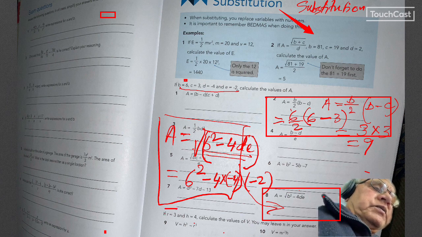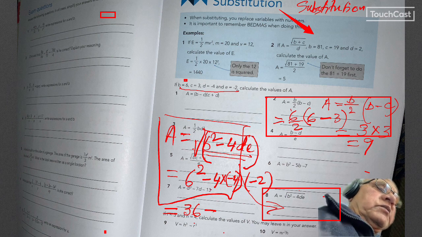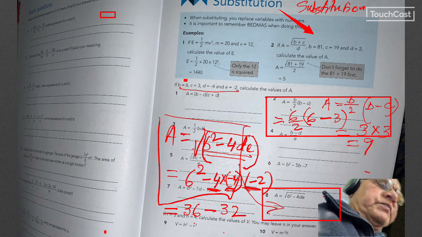Right, so 6 squared is 36. Remember, you are not using a calculator now. And now I'm going to times -4 with -4. That'll give you positive 16. And then positive 16 times by -2. That'll give you the answer of -32.